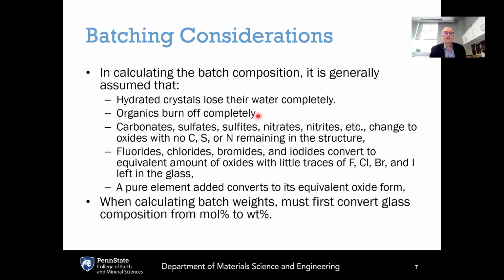And one needs to be very careful with this because as the organics burn off, they are consuming oxygen and they're going to take oxygen from the oxides that are in the glass melt in order to burn out. And what that means is that organics act as reducing agents in your glass melter. And so one needs to be very careful because you may not want to have your oxides being reduced in your glass melt.